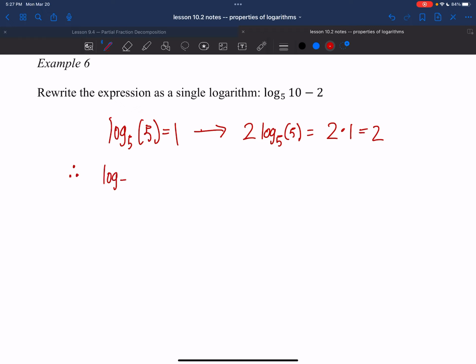I can say log base 5 of 10 minus 2 is actually equal to log base 5 of 10 minus, you see 2 is actually equivalent to 2 log base 5 of 5. I'll put parentheses here to be consistent.